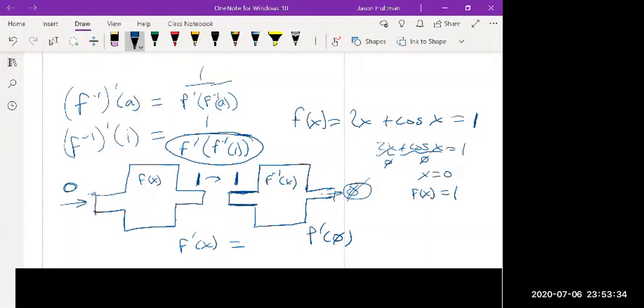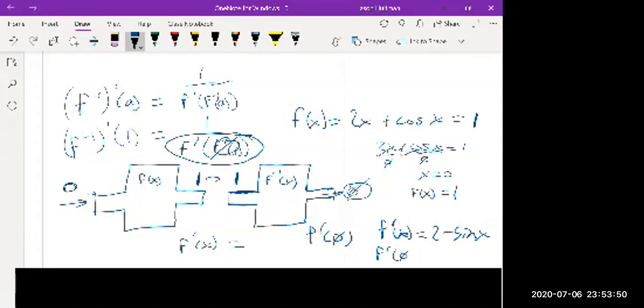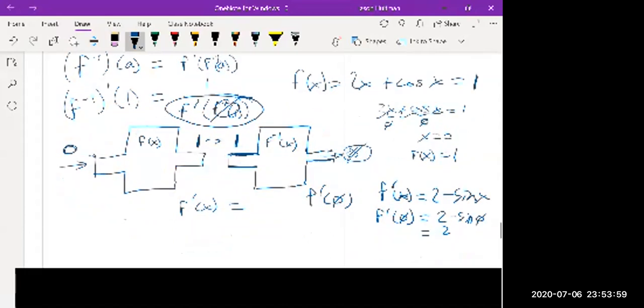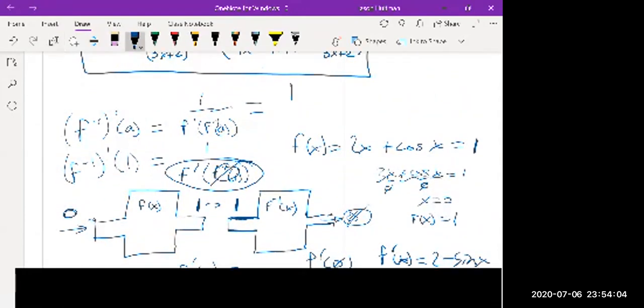What is f prime of x? f prime of x is equal to 2 minus sine x. Does that make sense? And so f prime of 0 is equal to 2 minus the sine of 0, which is 2. So this just becomes 1 over 2. That's it.